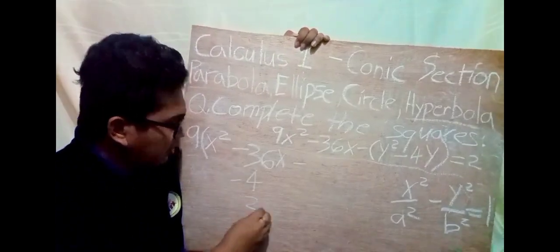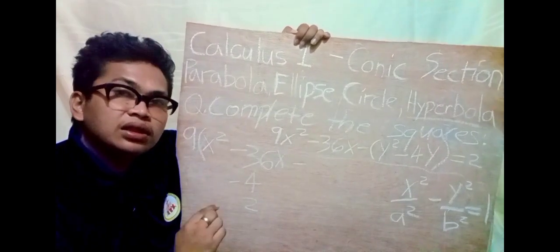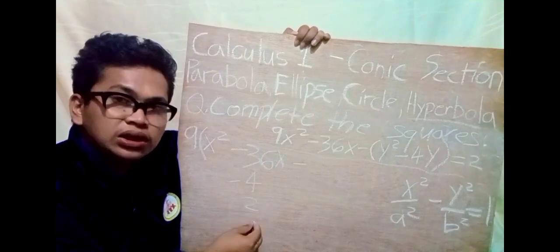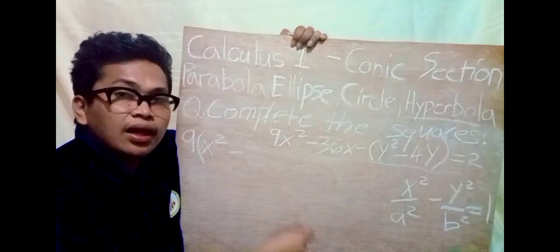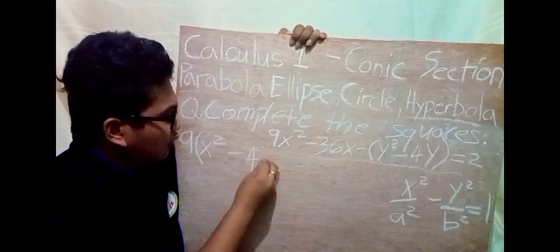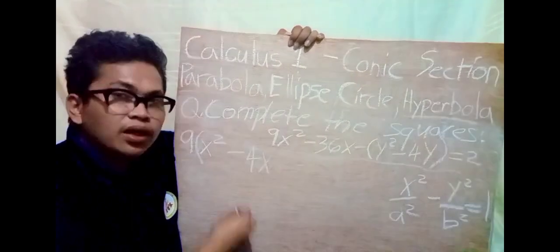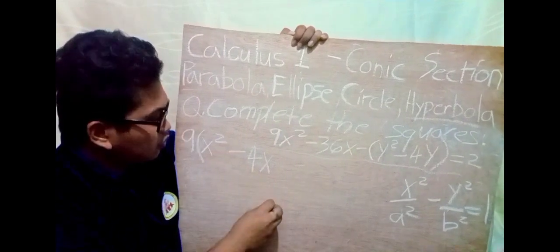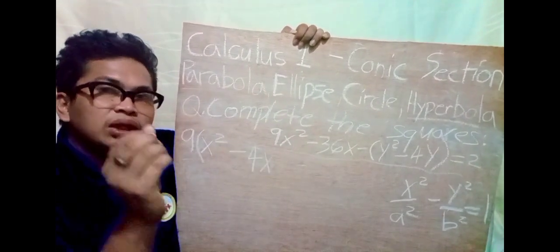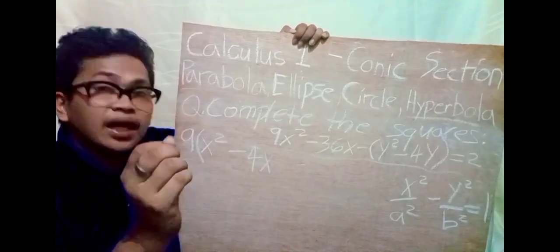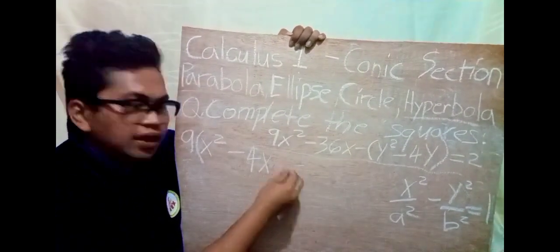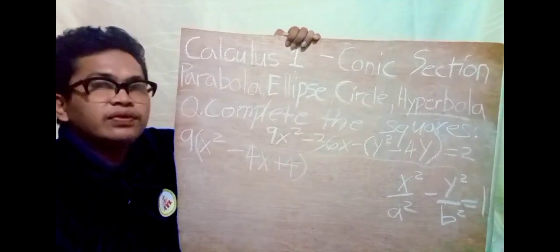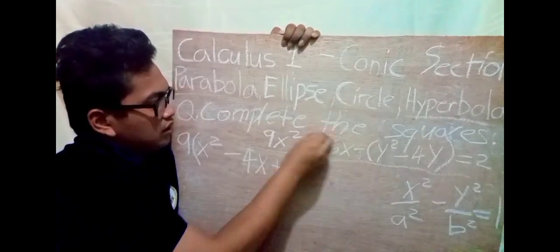So negative 2 times negative 2 is positive 4. That is our first square for this section.